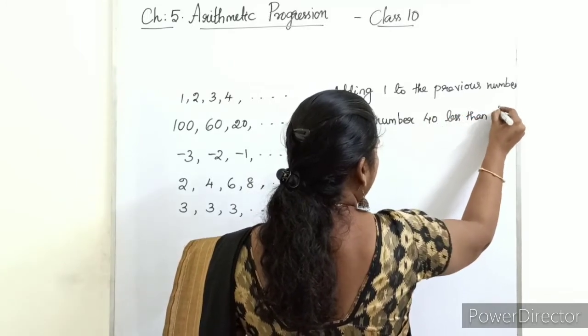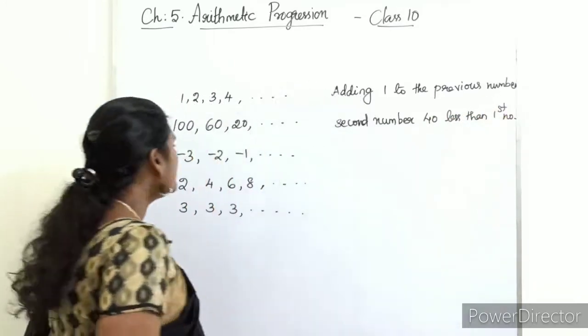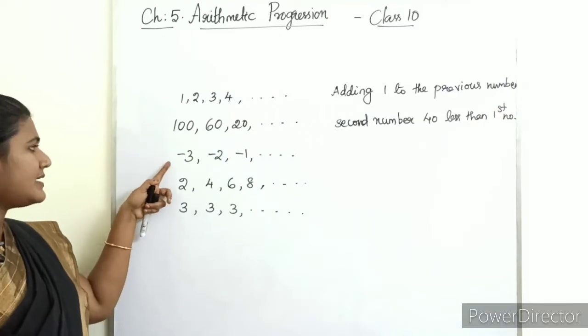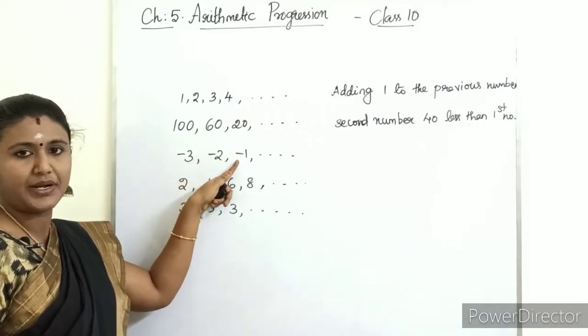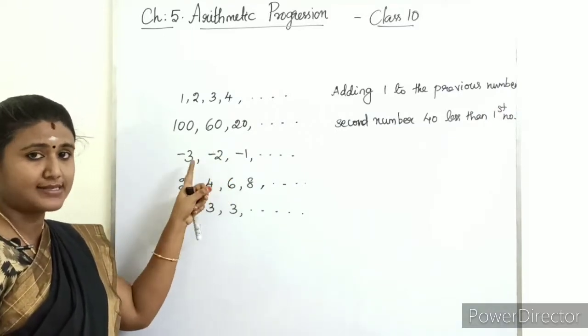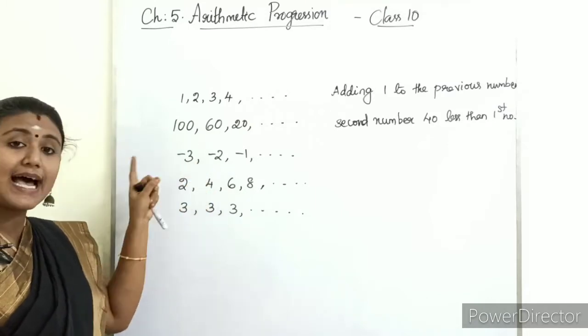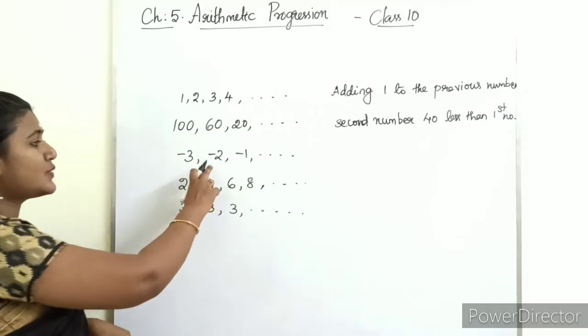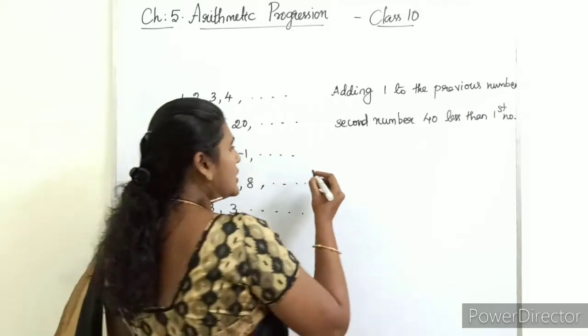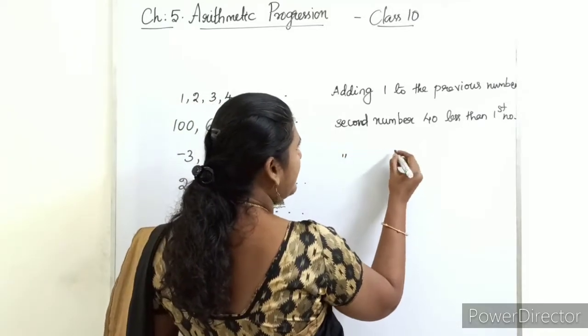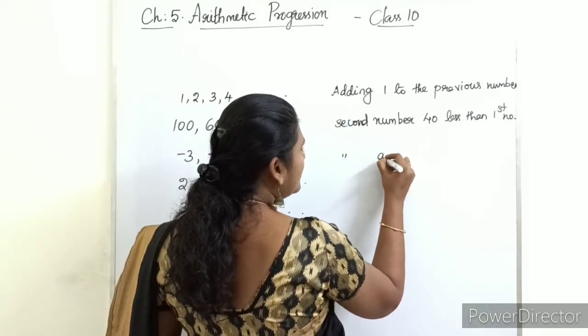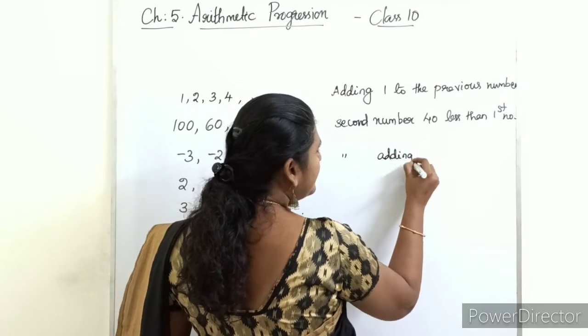Now the third example you see, minus 3, minus 2, minus 1. What pattern can you see? 1 is added to the previous number so that we get the next number. So the second number is obtained by adding 1 to the previous number.